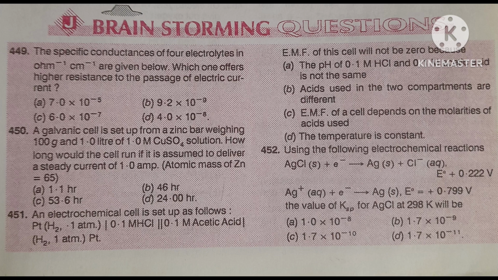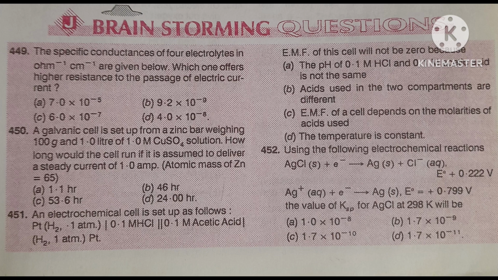Then the hydrogen gas electrode is given as platinum, H2 with pressure 1 atm, dipped in 0.1 m HCl. This is actually the hydrogen electrode. Always, hydrogen electrode means one platinum wire will be there, hydrogen gas will be passed keeping pressure 1 atmospheric pressure, and this hydrogen gas is passed in 0.1 m HCl through platinum. Correct? This is the hydrogen gas electrode.